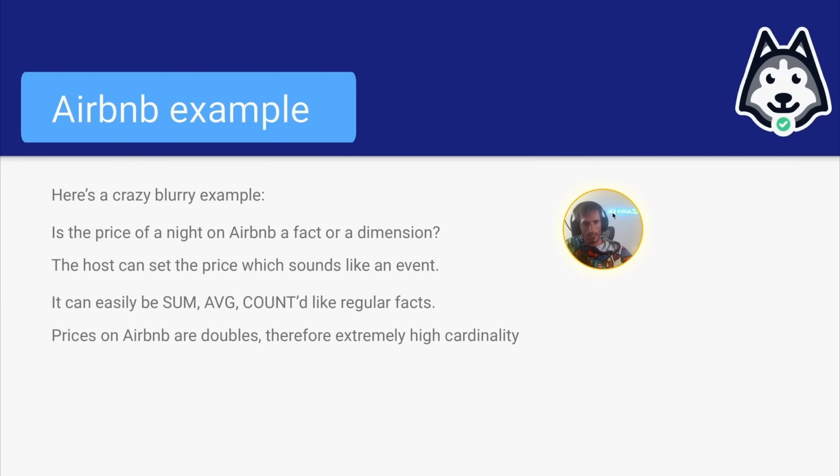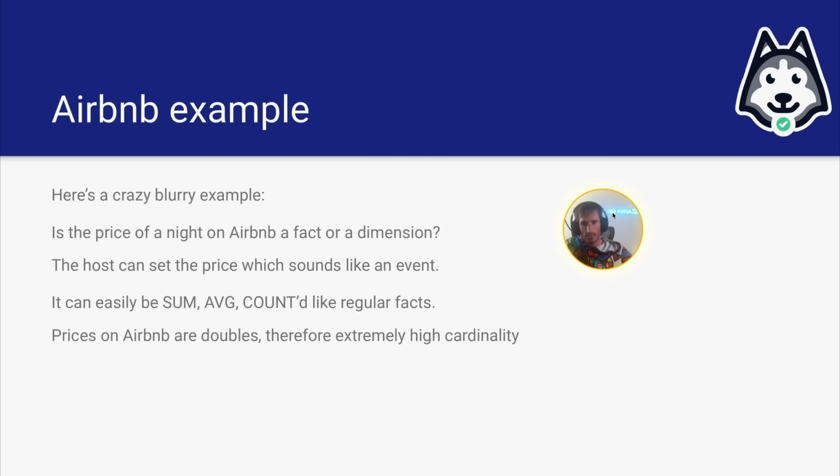When I worked at Airbnb, I worked in pricing and availability, which is a fun place to be. There are some things I think are interesting about price. For example, price as an attribute on an Airbnb listing.